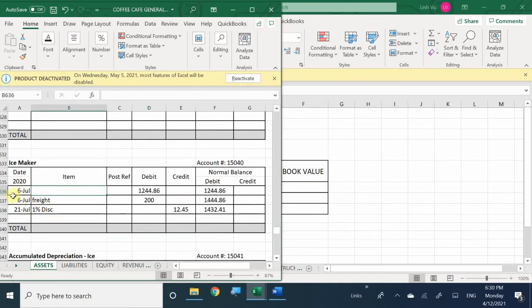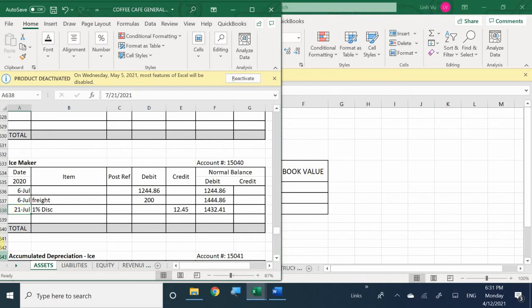So as you can see, ice maker, right? We purchased it on July 6th. Okay. We have the freight, separate cost of freight right here. And once again, we also paid it on time, so we received a discount. So my total worth of my ice maker is now $1432.41.